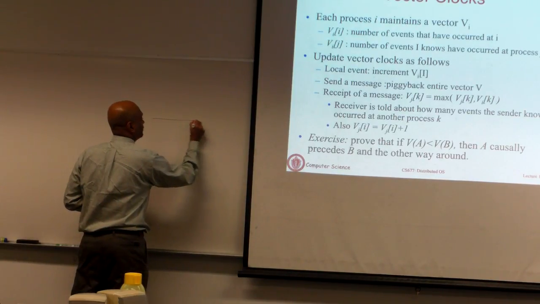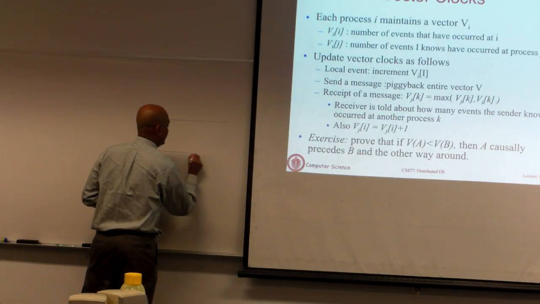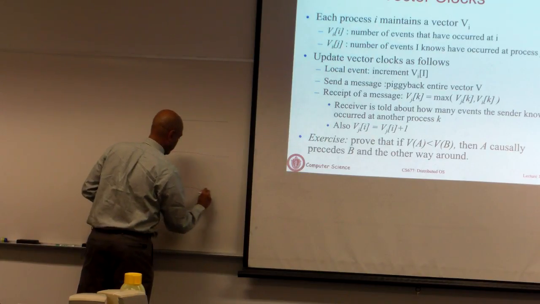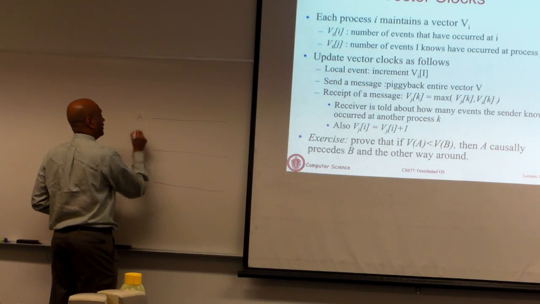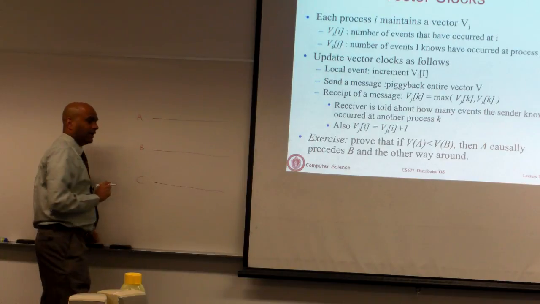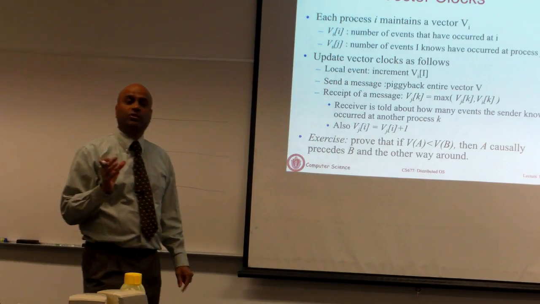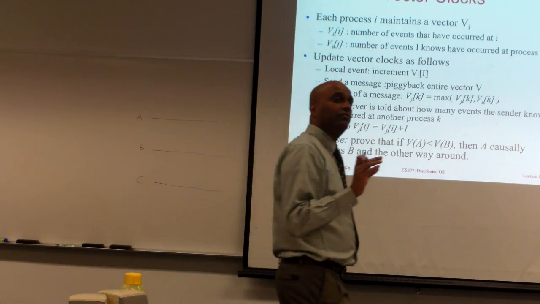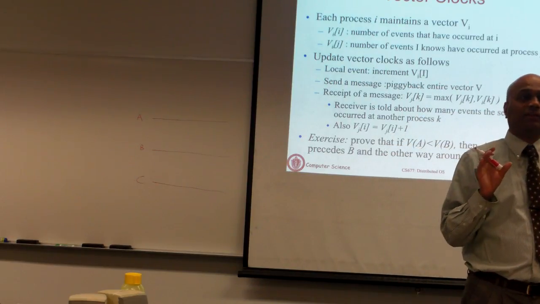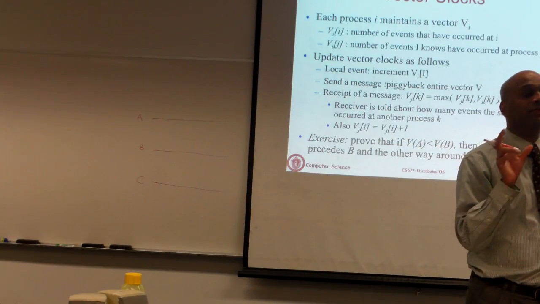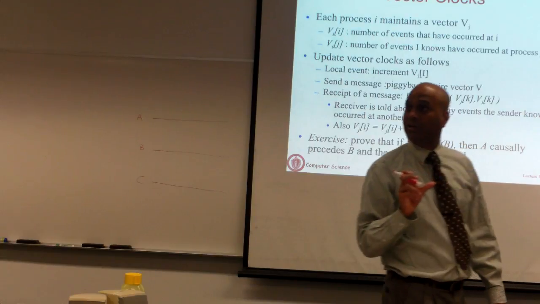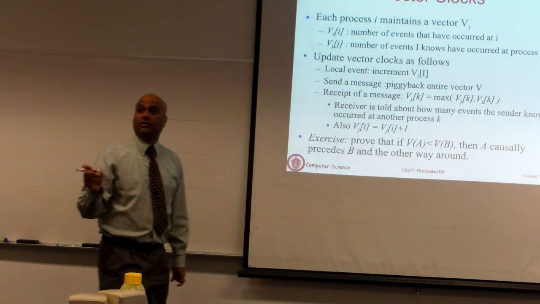Let's assume there are three processes, A, B, and C. And like before, we will essentially use the notion of a logical clock, which is an integer, but in this case, rather than having a single integer value, we will have a vector or an array of integers. We will have one integer per process.